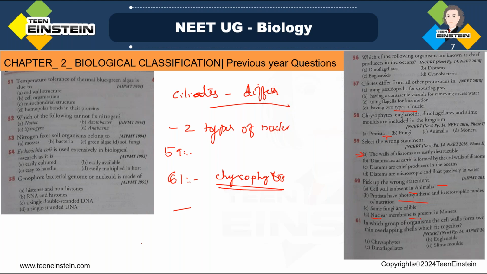In diatoms. So here the right answer of question number 61 is chrysophytes. Okay, there are no overlapping shells fitted together in slime moulds, euglenoids, and dinoflagellates and all. The right answer is chrysophytes. Clear?